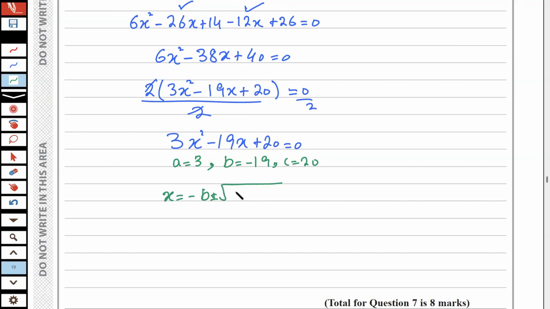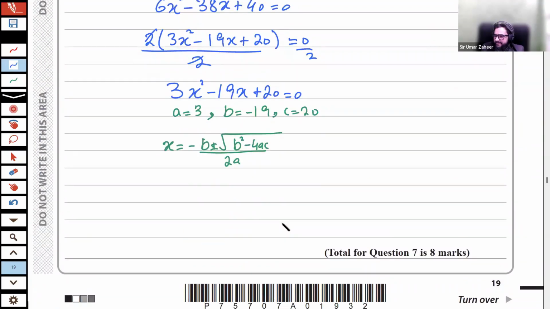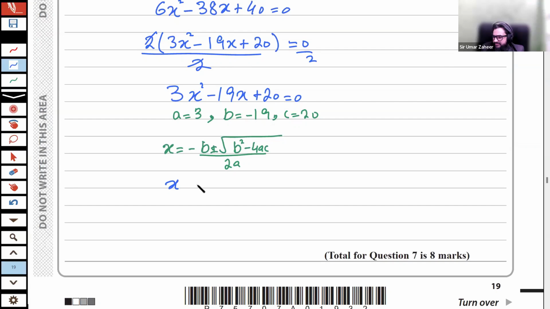Minus b plus minus square root of b squared minus 4ac, divided by 2a. Let's substitute the value. So we will get x is equal to minus minus 19 plus minus root of minus 19 squared minus 4 times 3 times 20, divided by 2 times 3.